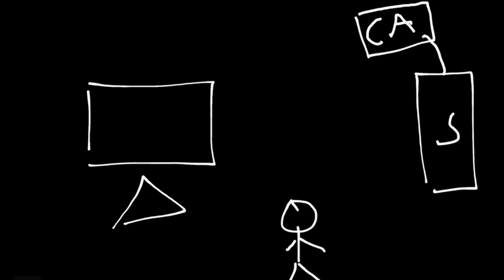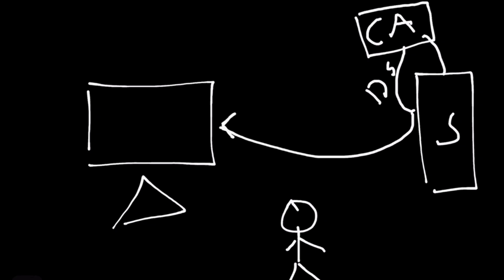So right now, instead of the server sending his public key, the CA will send the digital signature to the server, and the server will send it directly to the client. And right now, what the client will do is that the client will just go, because the CAs are actually selected and they are known by the browsers.